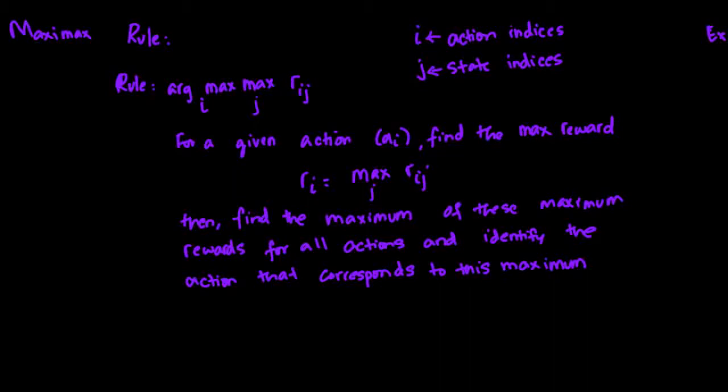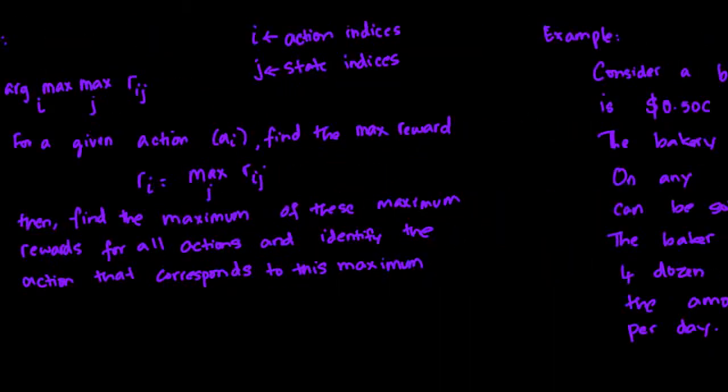The notation that I would use here is very similar to the previous video. I would highly recommend that you watch the previous video on Maxi-Min rule prior to watching this video, because I'm just going to gloss over the example because I'm going to use the same example that I used in the previous video.